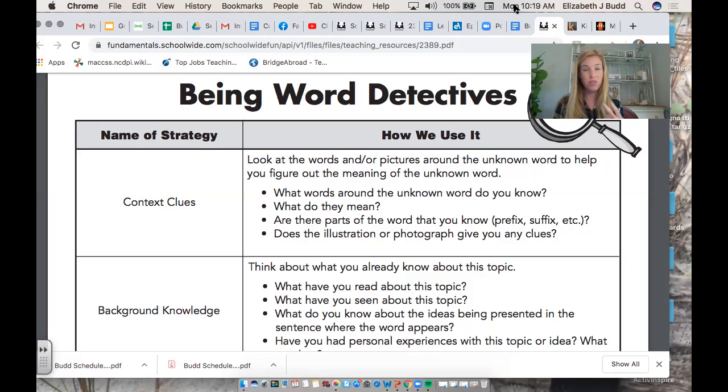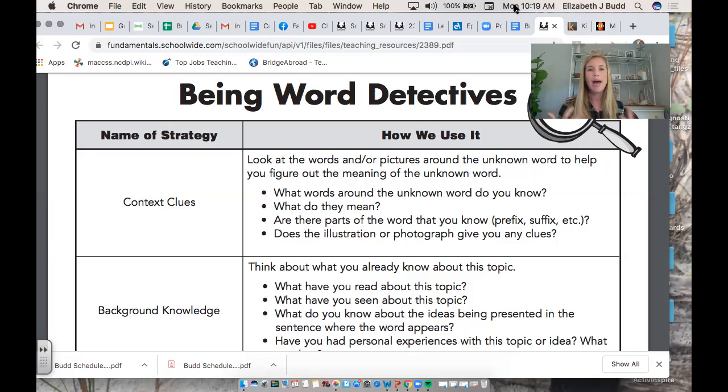If context clues don't help you, you can use another strategy, and that is background knowledge. So go ahead and put down another finger. Using your background knowledge means using the knowledge that's already in your head and that you already know about the subject that you're reading about. So let's say that I'm reading about Ferris wheels.